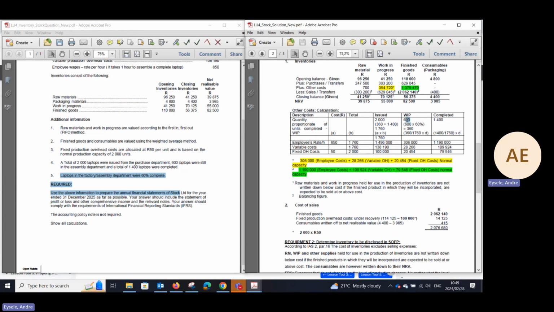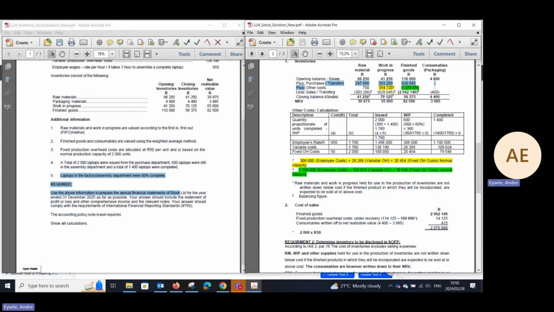So, colleagues, of the 600, how many were completed that we need to cost? 600 times 60% gives you 360. So the total number of items to derive costs from is 1,400 plus 360, which gives you 1,760. Remember, that is the number of items that we will calculate the other costs from.